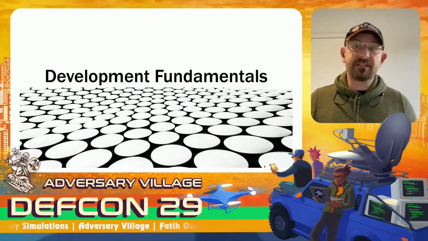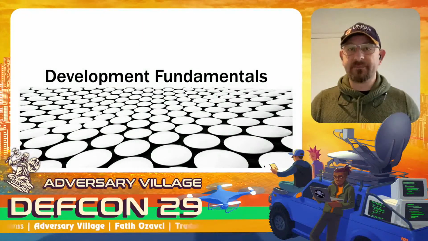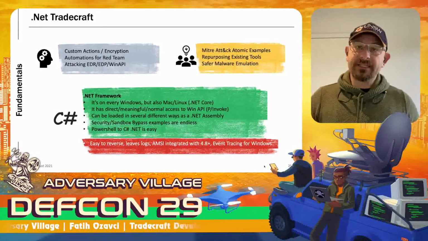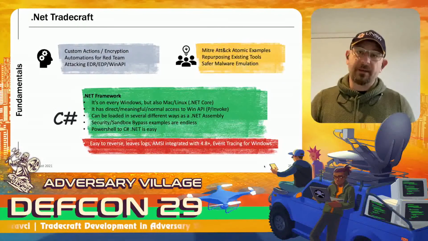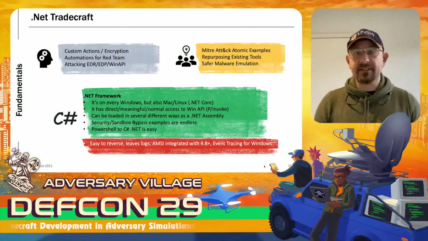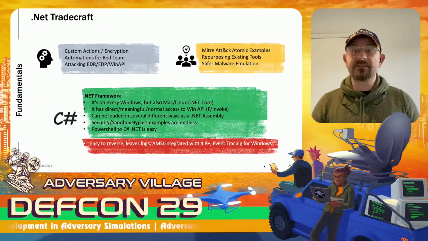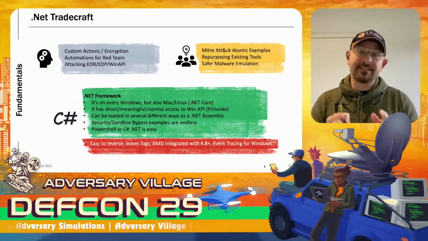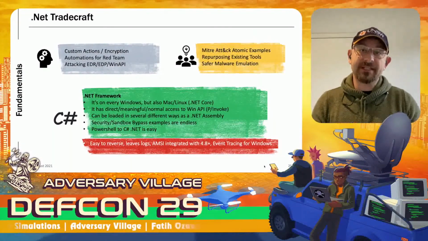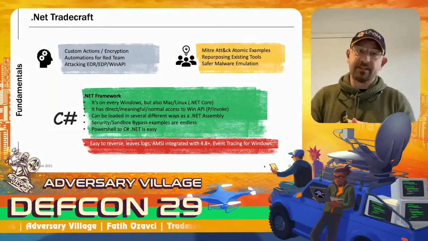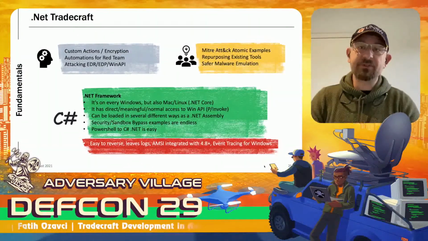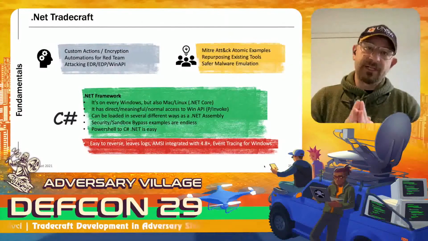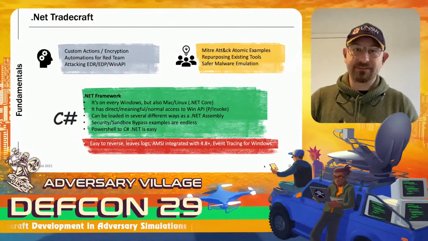Now, we talk about some development fundamentals as well. C# is our preferred language for this workshop. We will talk about C# and .NET, but .NET also comes in different versions. We need to understand its basics first, because .NET doesn't have one single version that works everywhere universally. We use C# tools to develop custom abilities for us.